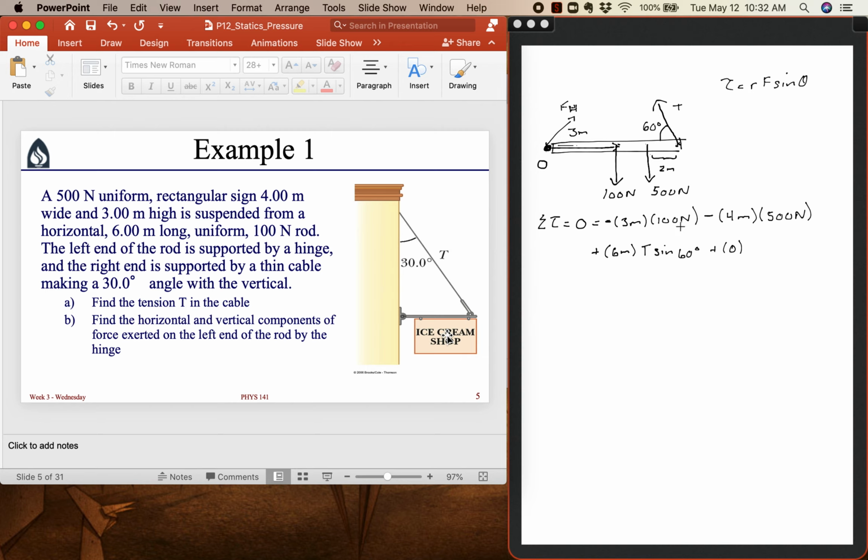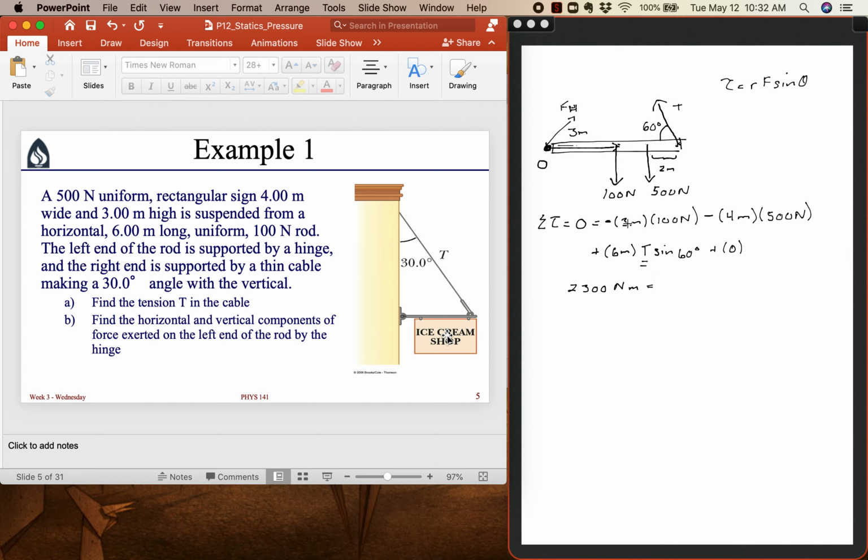All right, so I have all of my torques summed to 0, and now I can solve for my unknown, which is the amount of tension in the cable. So if I multiply these things out, the 3 times 100 newtons and then the 4 times the 500 newtons, if I multiply those together and then bring that to the other side of the equation, I get 2,300 newtons times meters.